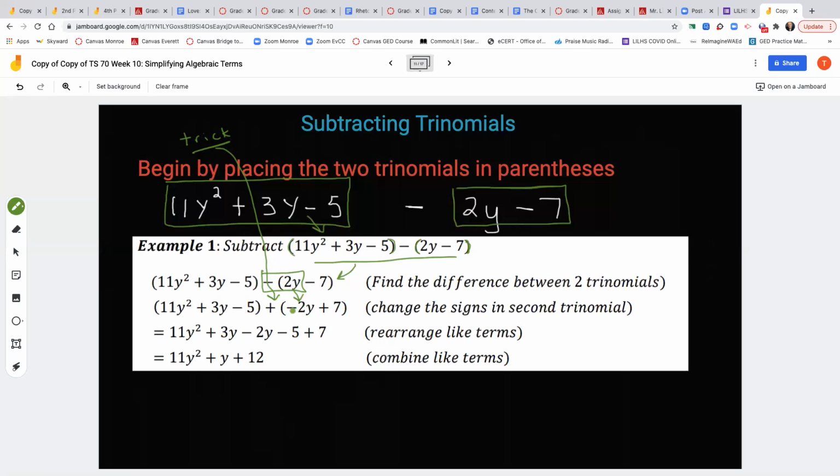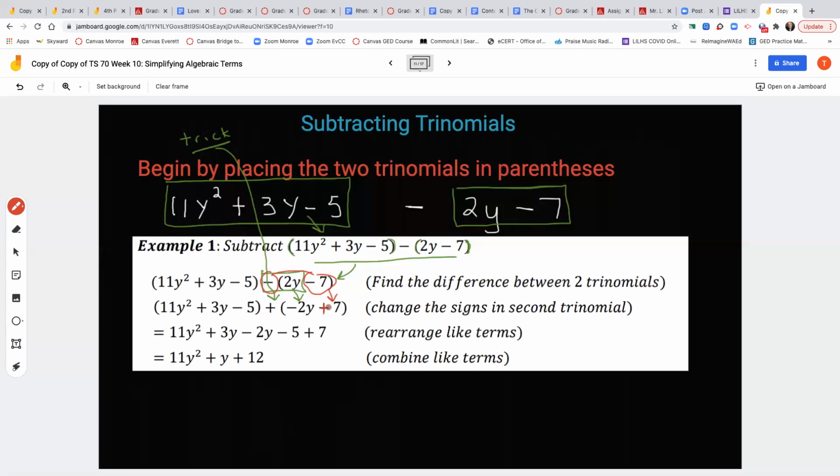But this is where it gets a little bit trickier. See that minus that's in front of the whole parentheses? That minus, and I got a minus over here. This is what I want you to pay real close attention to. A double minus becomes a plus. So, let me change colors here to make things a little clearer, this and this combined together became this right here, plus 7.